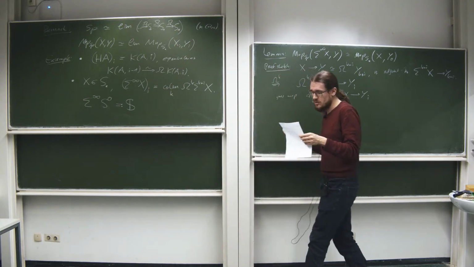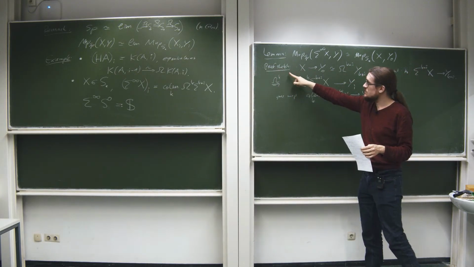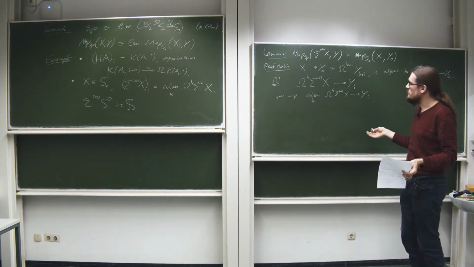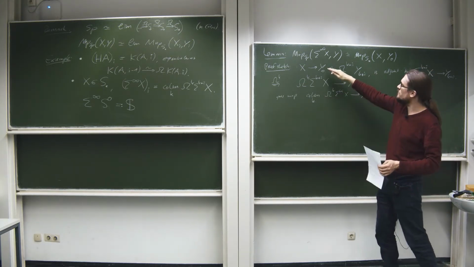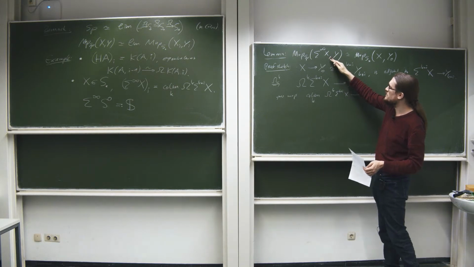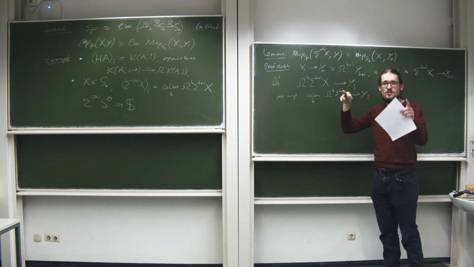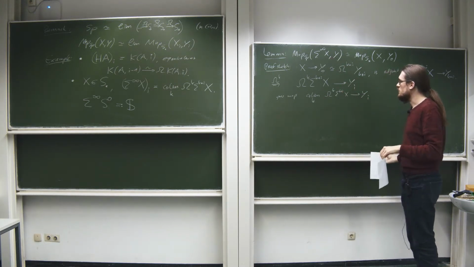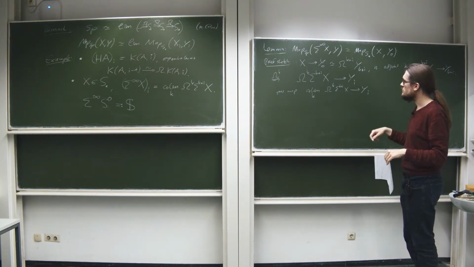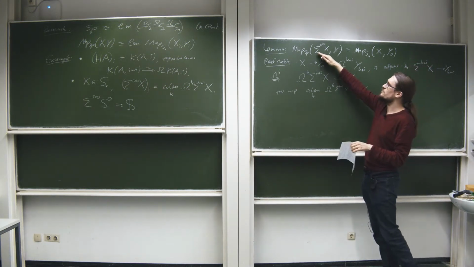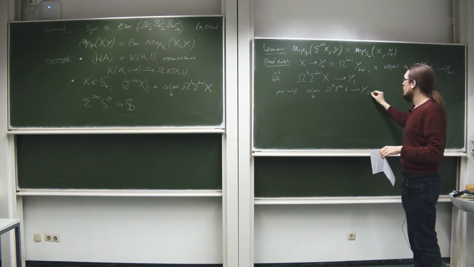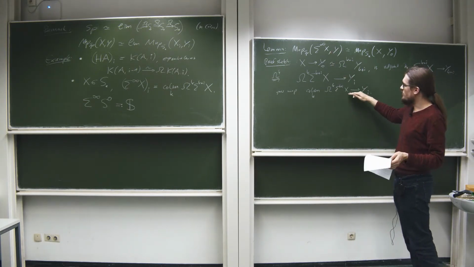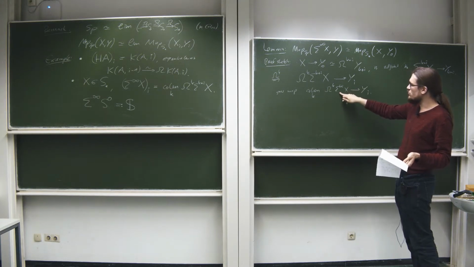And now I'm going to point at this again, because now I claim that these maps from the ith space of the suspension spectrum to the ith space of Y all fit together and define actually a map from sigma infinity plus X to Y. And then if you have such a map, of course you can also restrict.